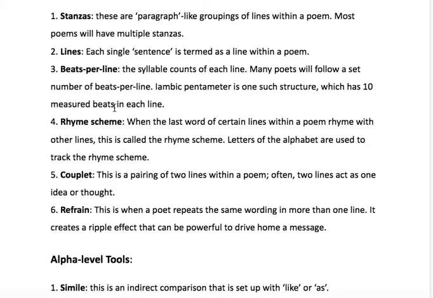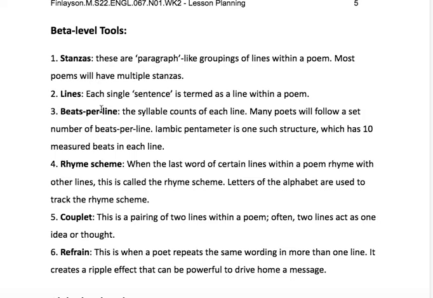Number 3, beats per line. So we're still in the beta level of our tools here, or the beta level of our analysis. When we're looking at each individual poem, we want to count how many syllables are in each of the lines, because poets will often try to organize their poems to have the same number of syllables within each line. So we call this the beats per line.